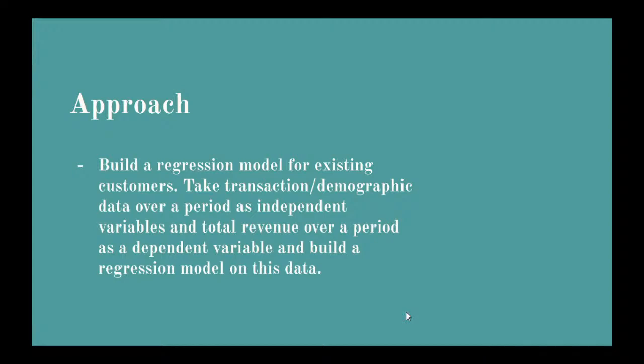Then to derive the dependent variable, you take a sum of the revenues generated over the past 3 years and save it as your dependent variable. So now you're trying to understand how customer transactions, how customer activity, relates to the revenue generated by those customers.